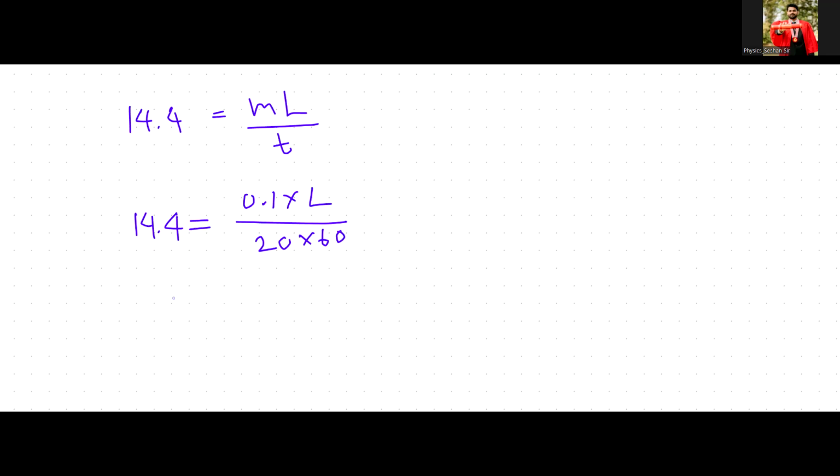So the answer for L: from this you can calculate L. Take this into the numerator on the other side and this into the denominator. So it is 1.728 into 10 to the 5.